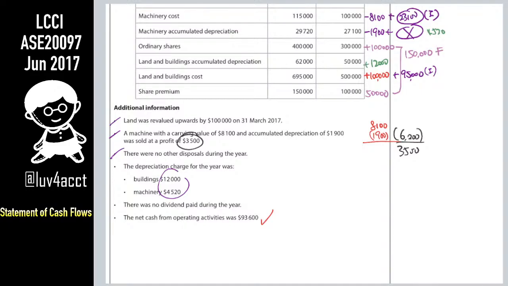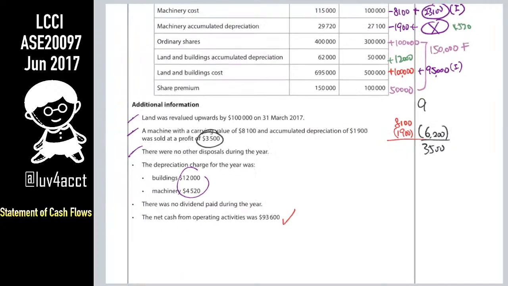We have a profit of 3500. That means our proceeds is 9000. Is it? Accumulated depreciation, let me calculate again. 8100 minus 1900 is 6200, carrying value.